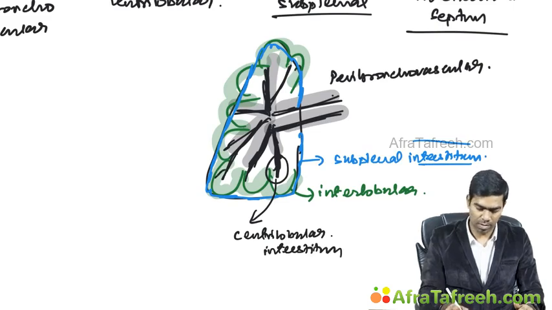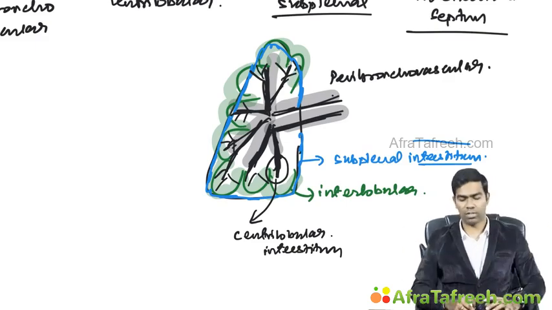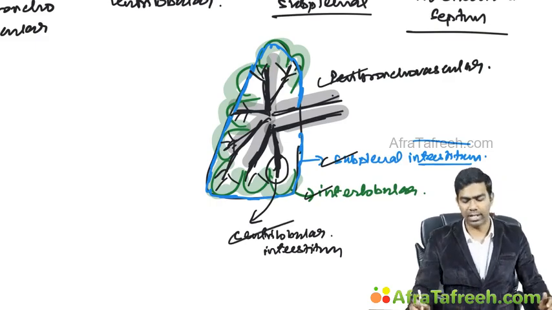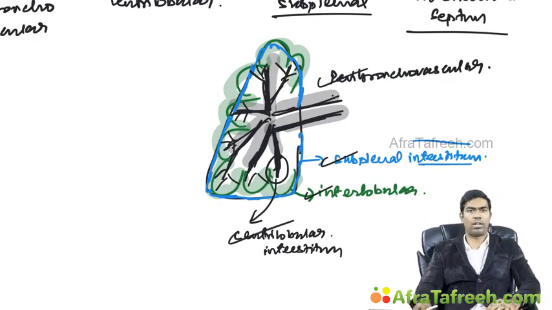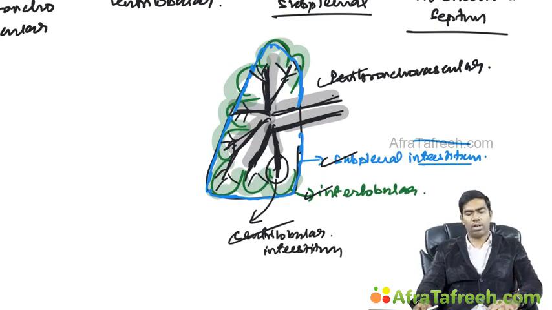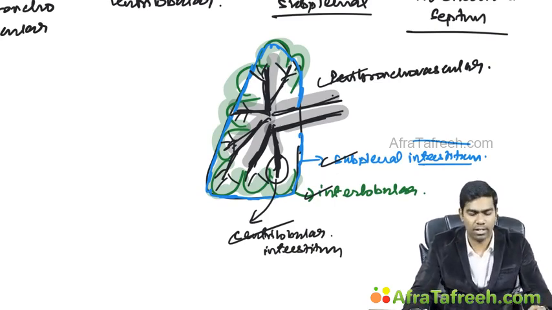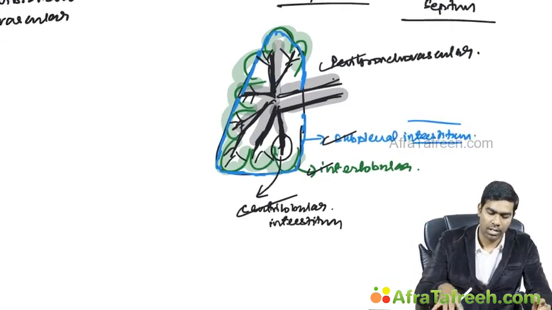Apart from that, they also form the backbone for the intralobular interstitium, which I told you already. The intralobular septum is also there. They contribute to the intralobular, but I'm not going to tell about that. I told you about the 4 classical interstitium: peribronchovascular, subpleural, interlobular and centrilobular. Apart from that, you have the intralobular interstitium also. But anyway, these are the most important types of interstitium that you are ever going to get.